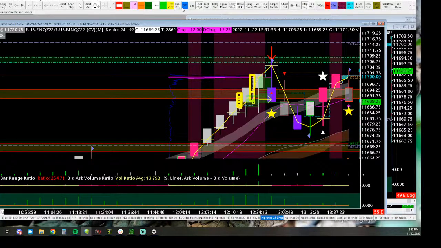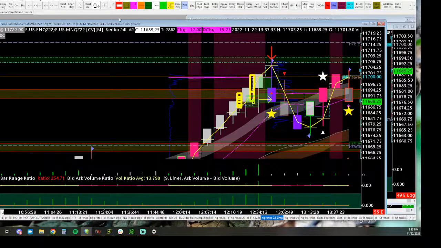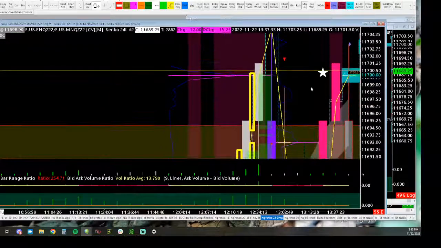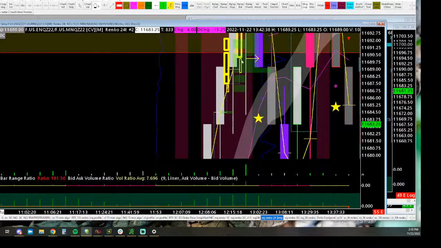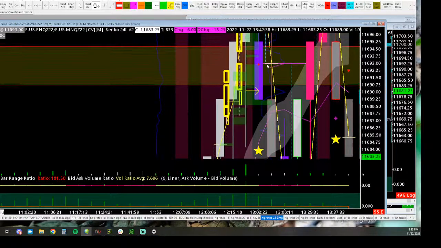Now the thing is, the volume on the wave down was down here, and if you look really closely, that pink line is below the volume point of control. Really close, but it's at or below that volume point of control.